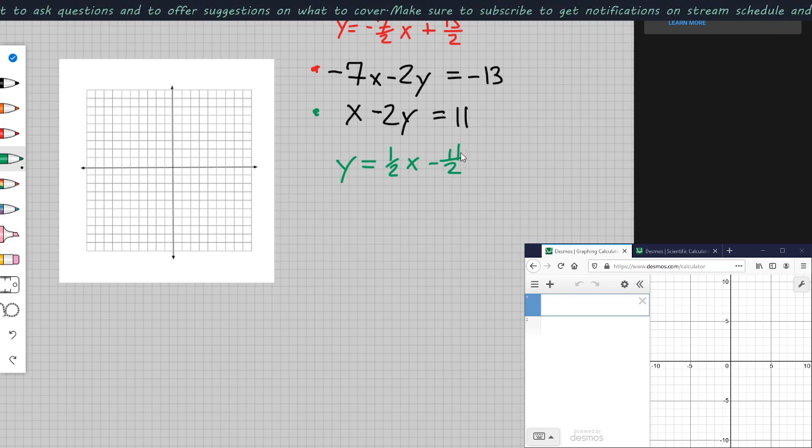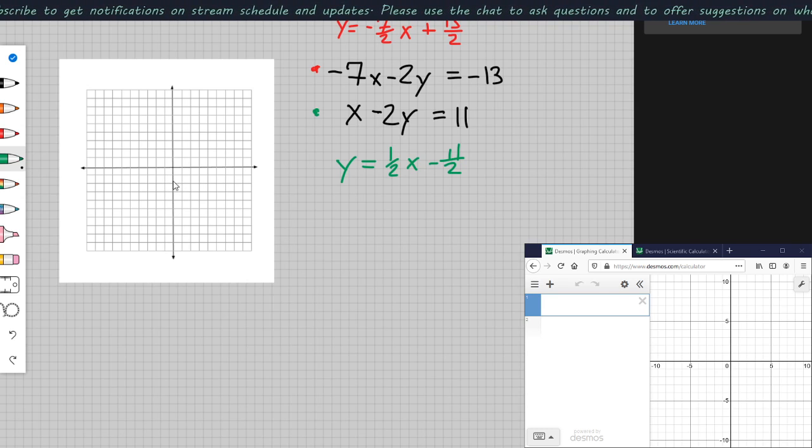So I'm going to plot this first. This is our y-intercept, so this is negative 11/2. If I make that a decimal, 11 divided by 2 is going to be negative 5.5. So I'm going to try to plot that as best I can. So 1, 2, 3, 4, 5.5.